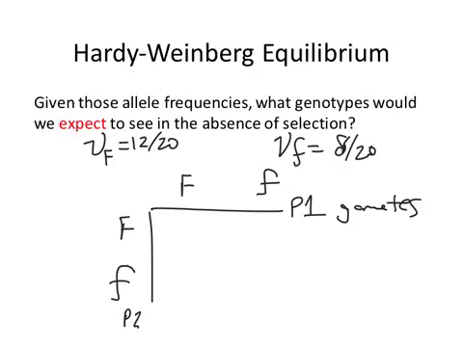That's parent 2 gametes. So either parent, if you're just looking at this one gene, will either contribute a big F or a little f to their offspring. Now what? There's the square.